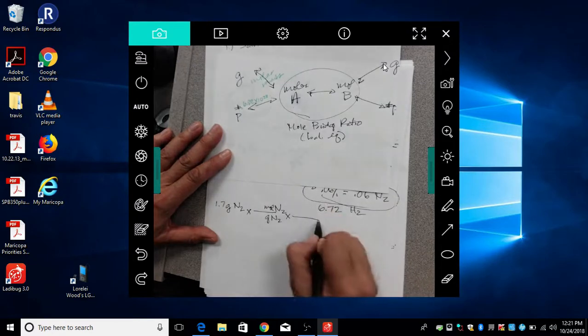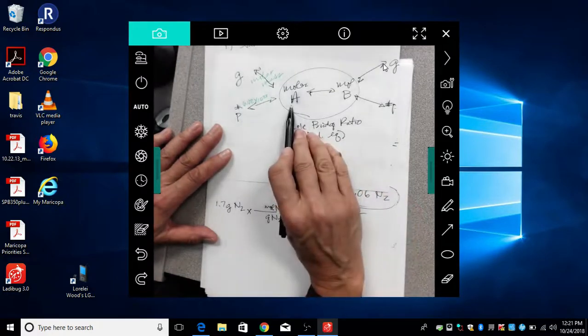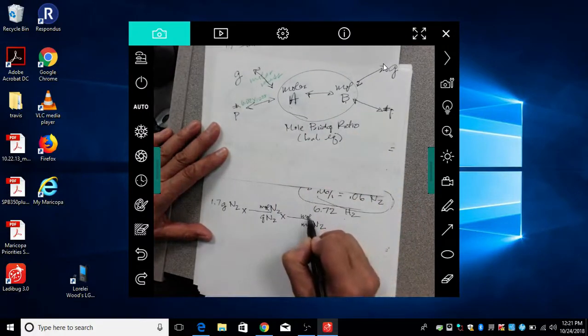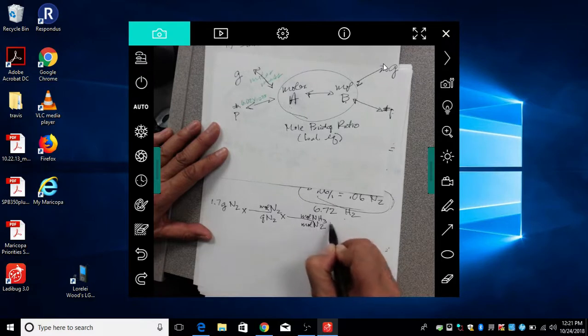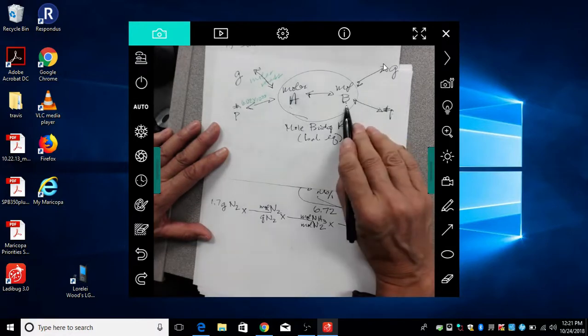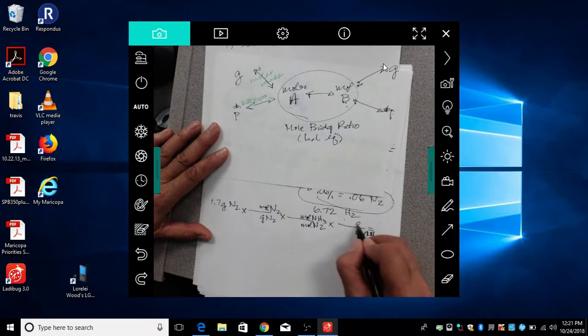Now I need another conversion factor to get me from moles of N2 to, what's my next step? Moles of the stuff I'm making, in this case the ammonia. And the last step, I'm going to go from moles of ammonia to grams of ammonia. All right.